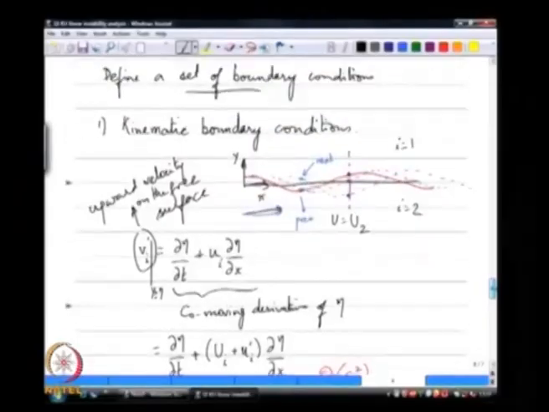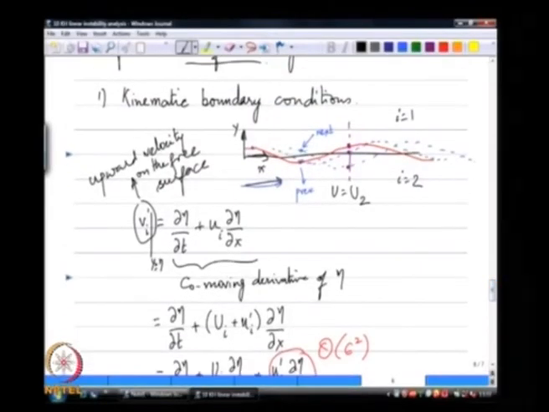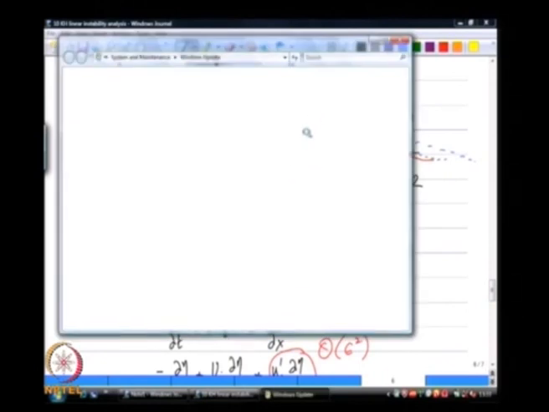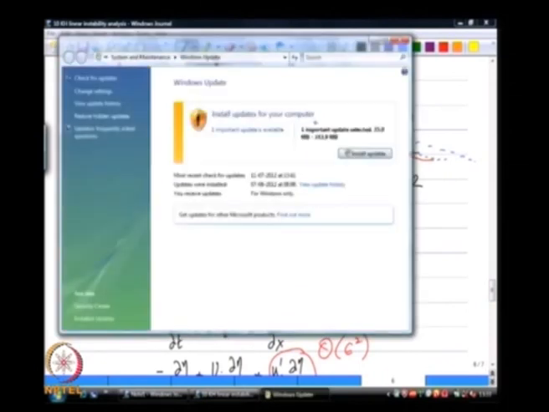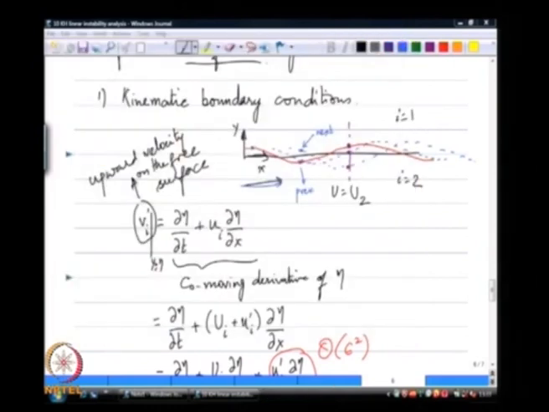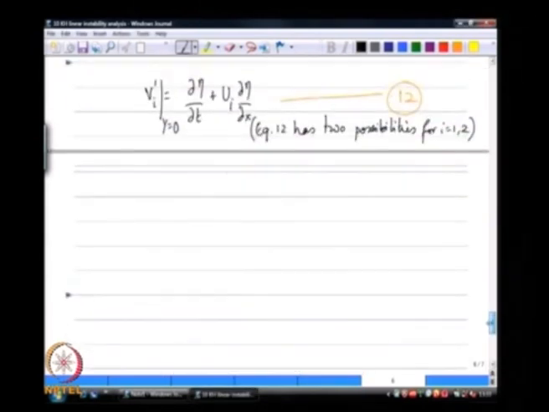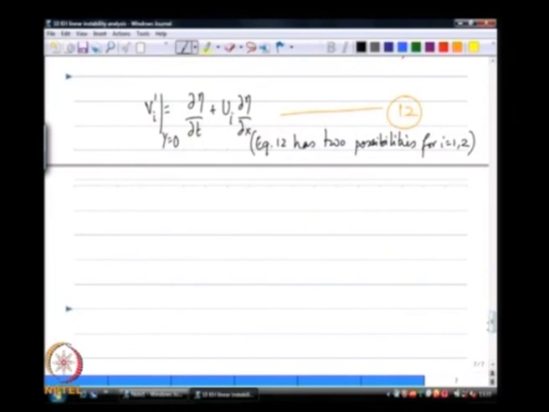So, whether this blue particle was in the I equal to 2 fluid or I equal to 1 fluid makes no difference, as long as the free surface, I am able to imagine the free surface is composed of 2 fluids, one on top of the other, and whichever fluid I look at, it does not matter, this condition has to hold.